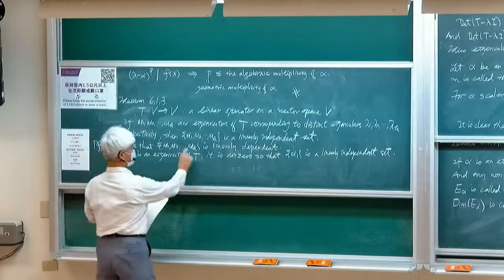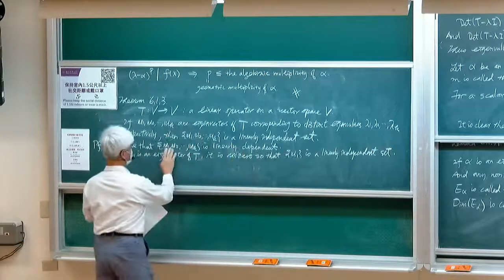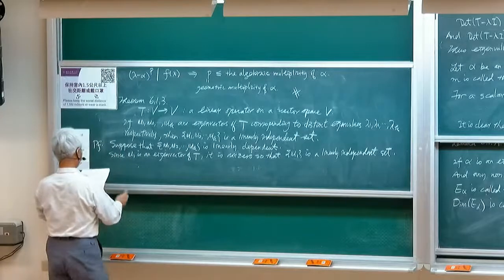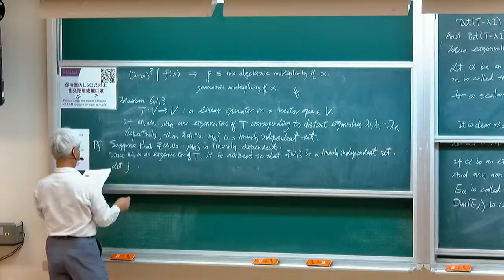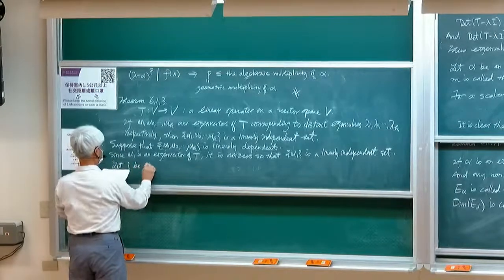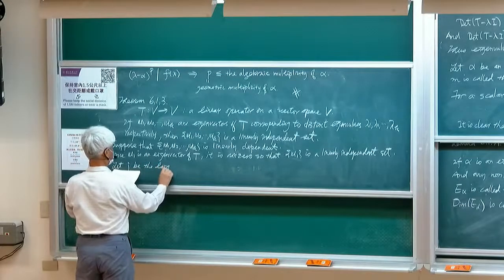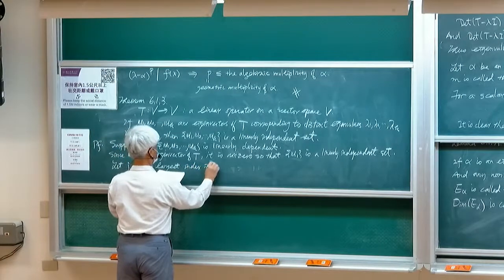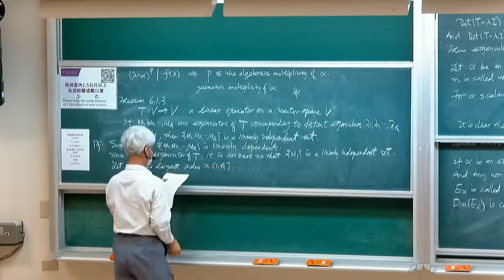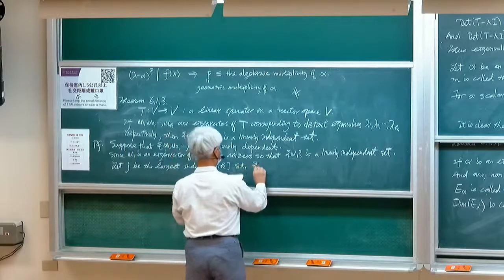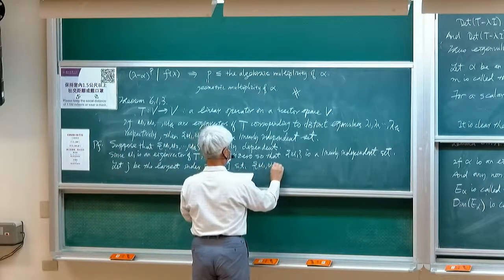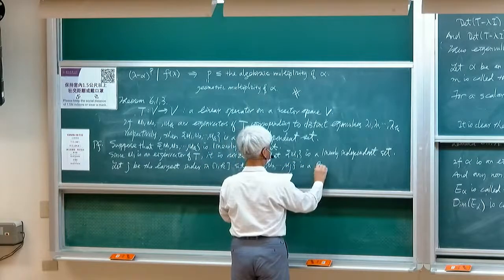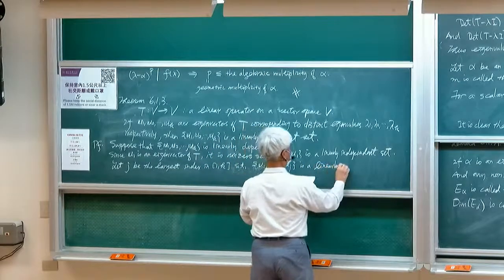Now we try to enlarge the linearly independent set one by one: U1, U2, U3. We let J be the largest index from 1 to K such that U1, U2 up to Uj is a linearly independent set.